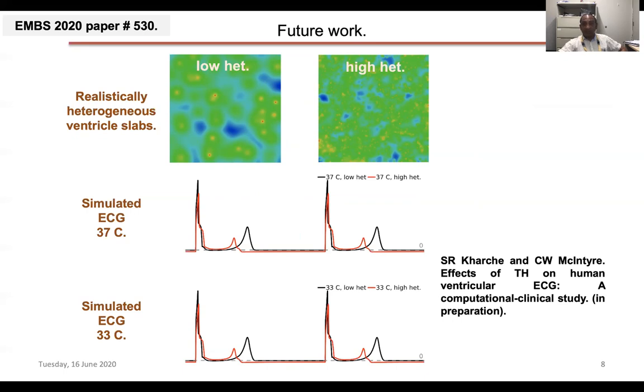It can be seen in the bottom panel that the QT interval is somewhat corrected due to the cooling, as well as the T wave amplitude is somewhat rectified. The cooling was at 4 Celsius in this model.